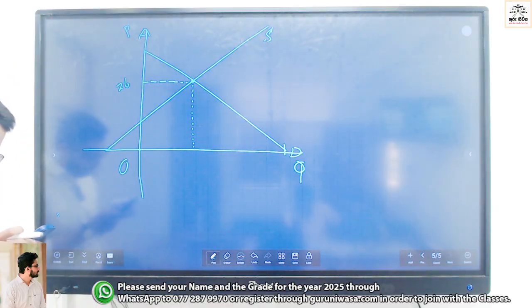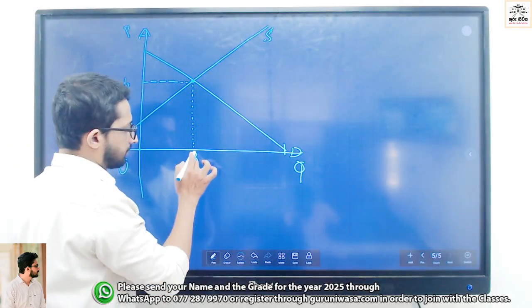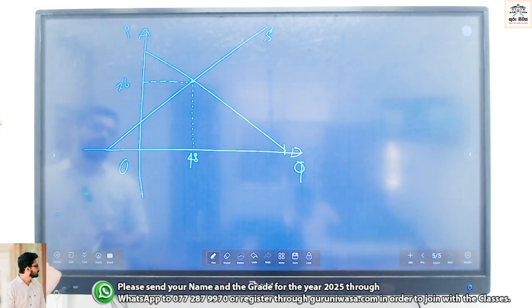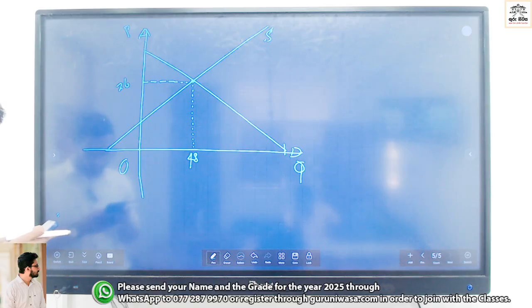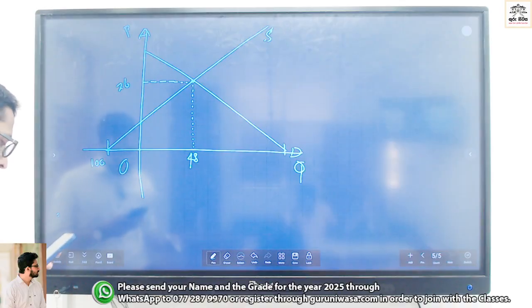Equilibrium quantity is also given, 48 units. And here the intercept is 100.